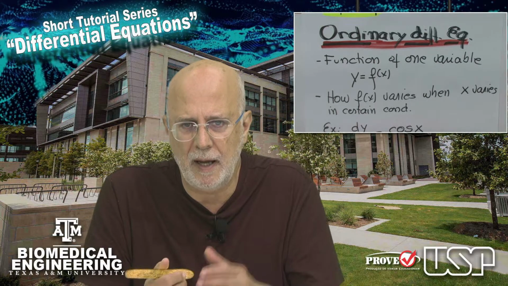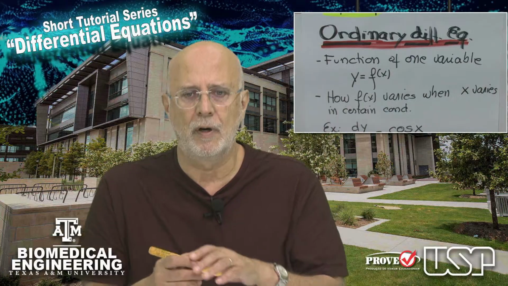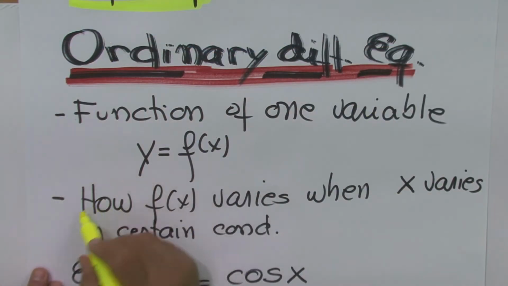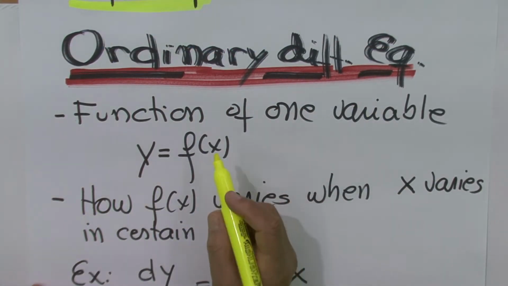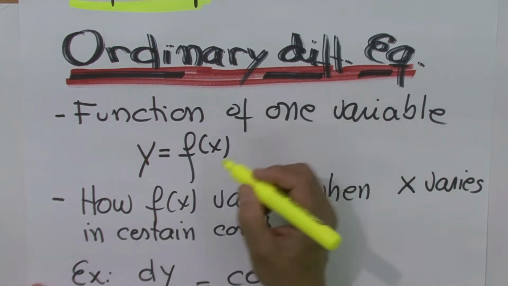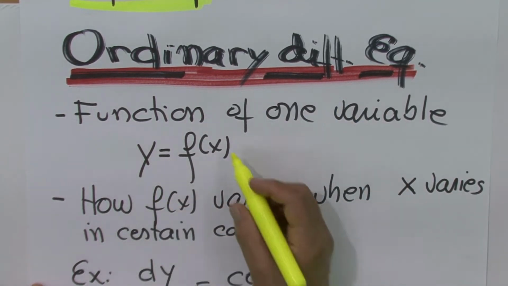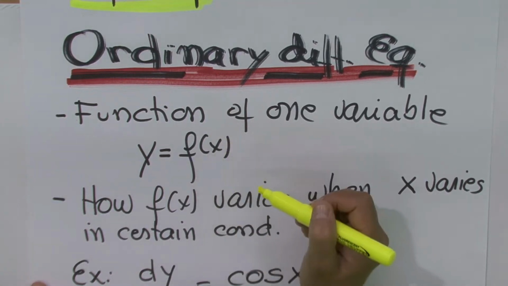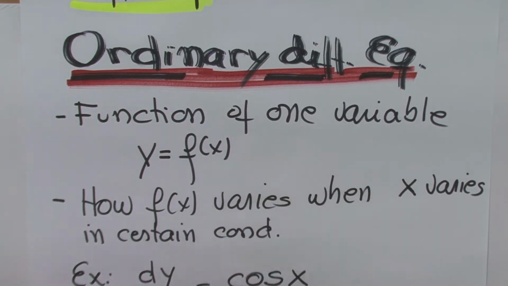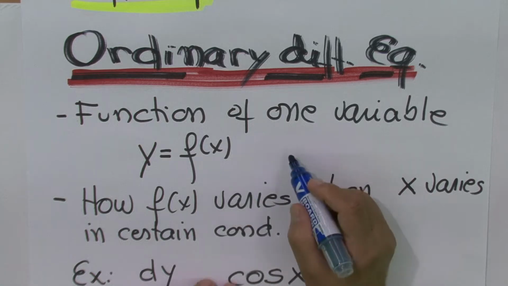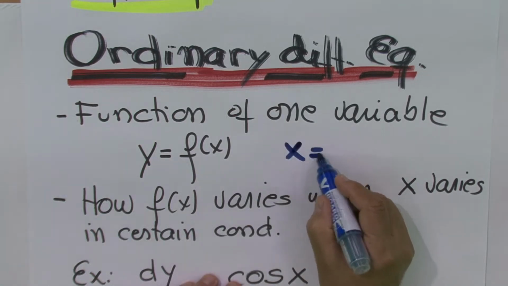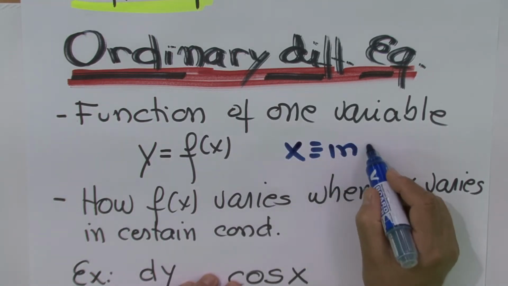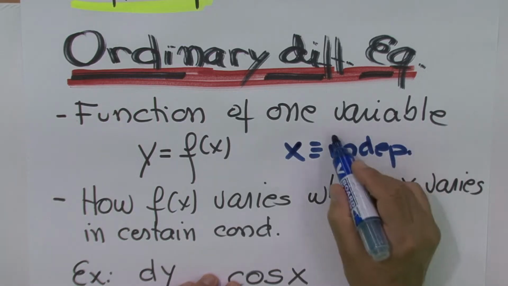Normally, to have the right language for dealing with differential equations, we have a quantity, and this quantity depends on a variable. So the independent variable is x. x normally is the independent variable, so we can even write this, so you never forget. Here, x for us is exactly defined as the independent variable.